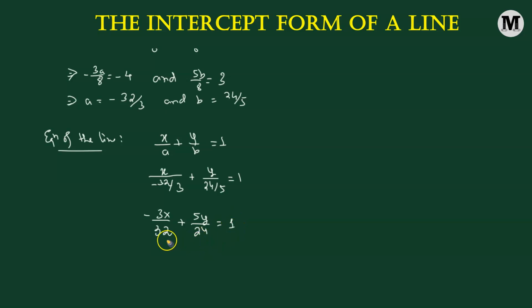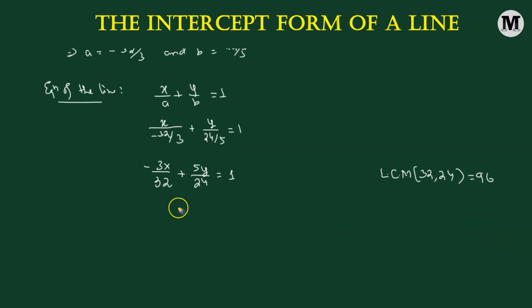Now we can further simplify by taking the lowest common multiple of 32 and 24. The lowest common multiple of 32 and 24 is 96. So we can multiply throughout by 96. So we have 96 multiplied by -3x over 32 added to 96 multiplied by 5y divided by 24 equals 96.